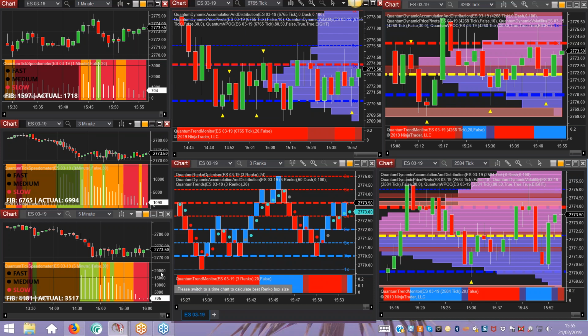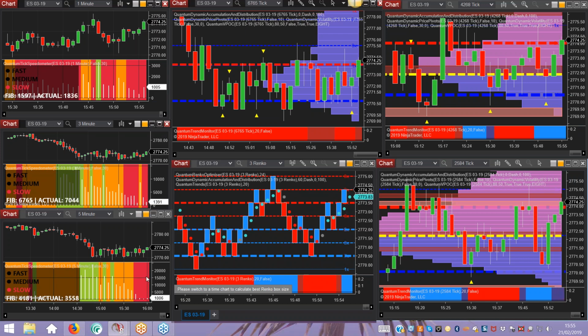But really, on an intraday basis, it's not what you want to see because it represents higher risk. If you're trading with these showing red all the time, then the chances are the market is not going to go anywhere, or if it is, then it's probably going to be a trap move. It's just a question of waiting and being patient for the green areas to come through more regularly, coupled with the orange, to indicate the pickup in the tick activity. It's all very, very sluggish at the moment.